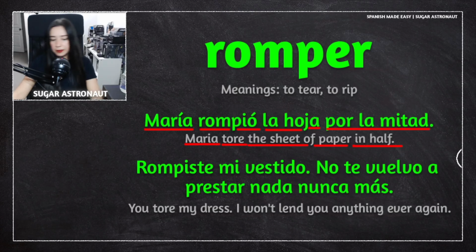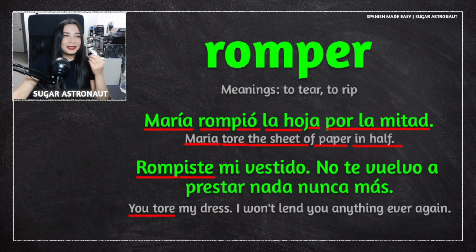Okay, let's break this down. Rompiste. Tú rompiste. We don't need the personal pronoun tú. You tore. Okay, rompiste. You can even say, well, this is something off topic, but you can say, rompiste mi corazón.